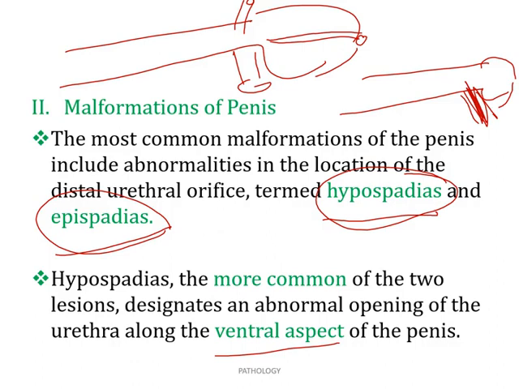Of course, sometimes anatomically it is very confusing to tell a student that, when your penis is erected, downward or inferior is the ventral aspect, while the top surface is the dorsal aspect. So when there is an inferior opening of the distal meatus, this is what we call ventral aspect, and it is hypospadias.